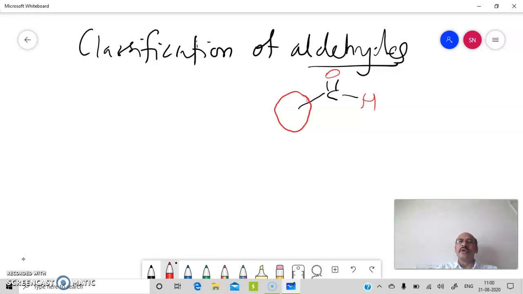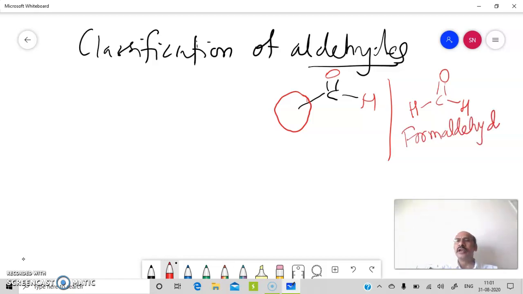So here there is only one member in which from both sides there are hydrogens, and this is the molecule of one carbon. It is called formaldehyde. It is the only aldehyde having hydrogens from both sides connected to carbonyl carbon. Then all the remaining aldehydes are with a certain kind of carbon skeleton, a hydrocarbon part, directly connected to carbonyl carbon.